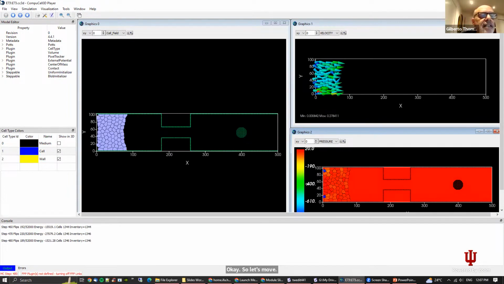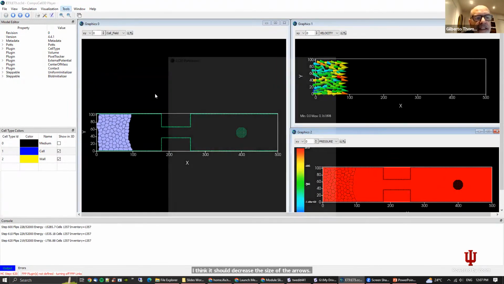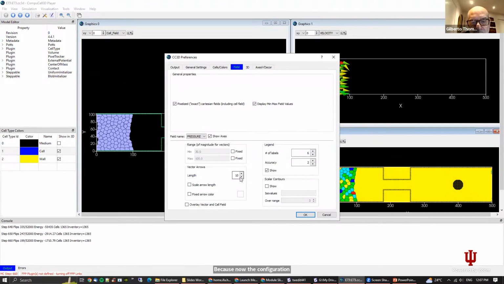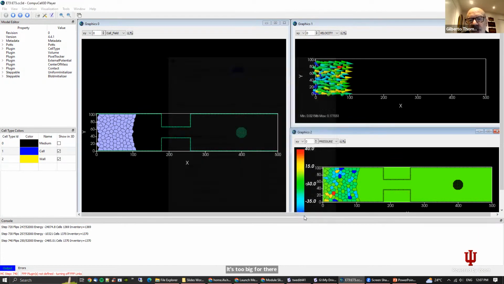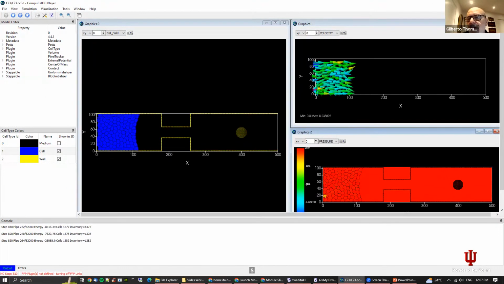I think I should decrease the size of the arrows, because now the configuration file has a size of 10, I think, yes. It's too big for the simulation. Well, not changed.